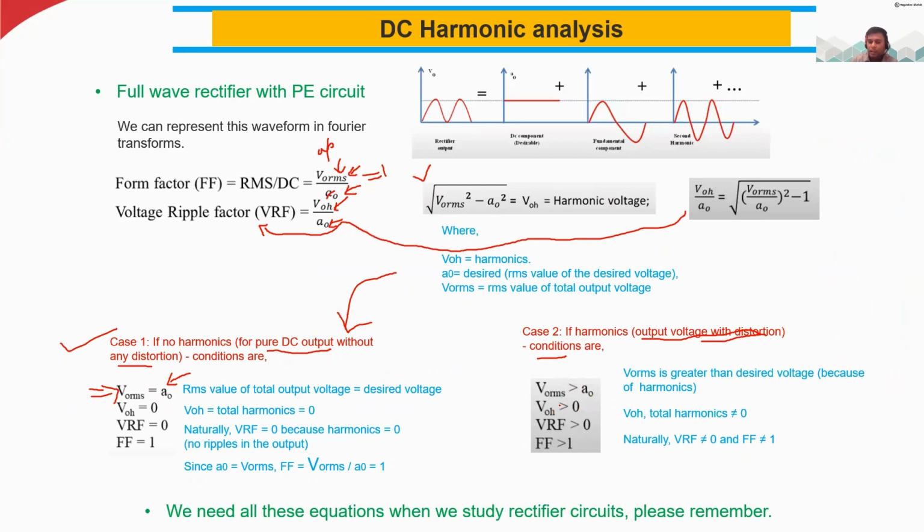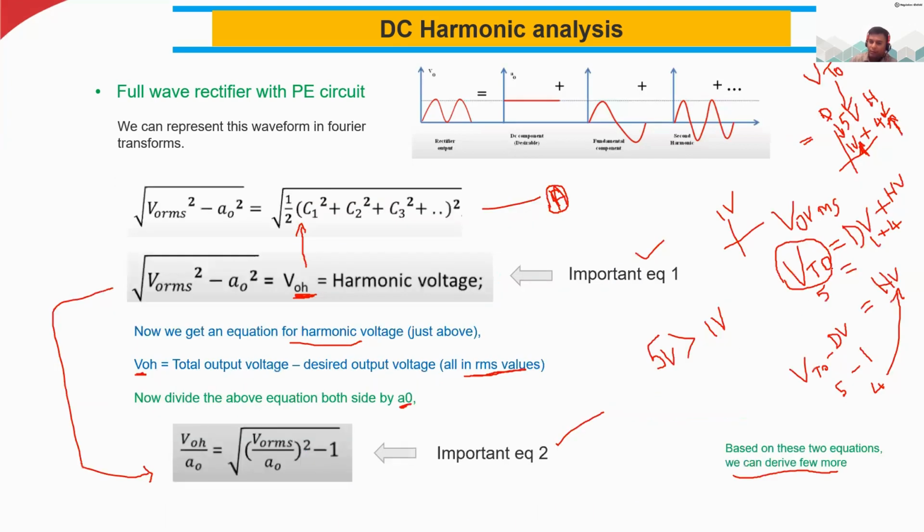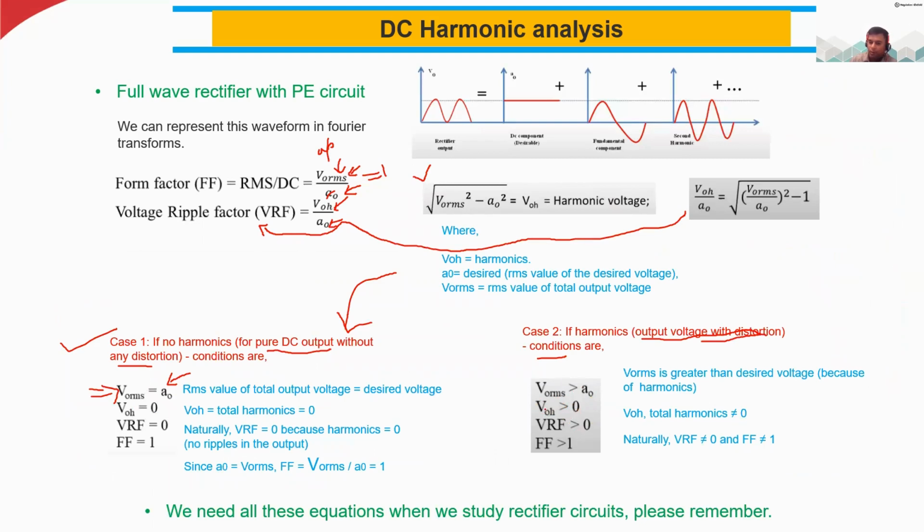Now VOH is greater than 0. It's obviously because total harmonics is not equal to 0, then VOH is not equal to 0. VOH is more than 0. It means we have a harmonic, that is some value. And VRF, this voltage ripple factor, is greater than 0 because we apply some value here, and A naught there is already some value, so there is some number.